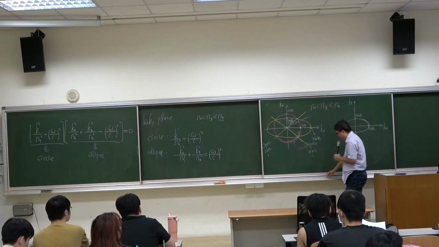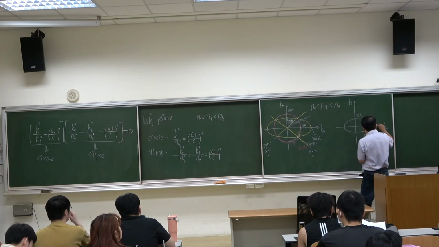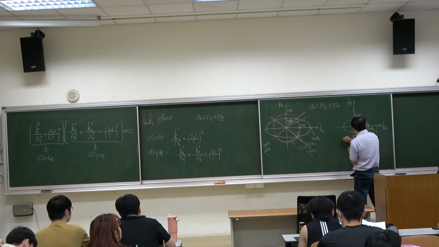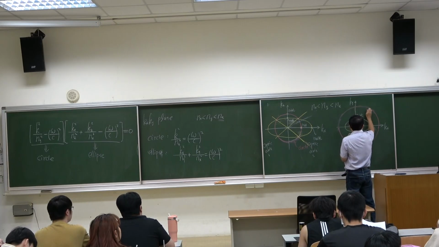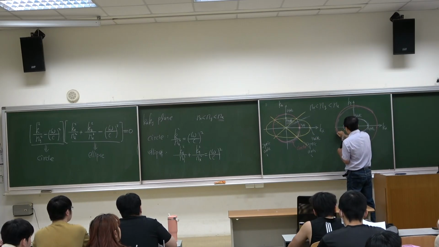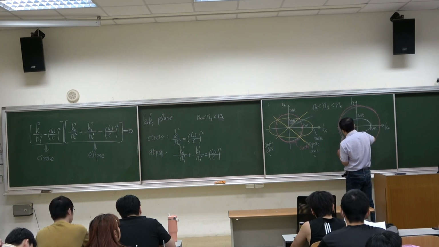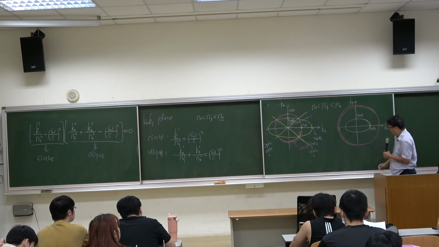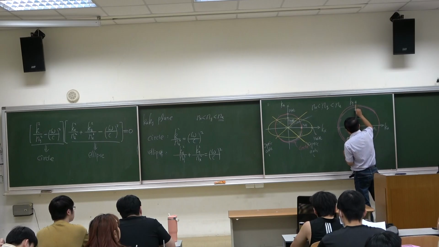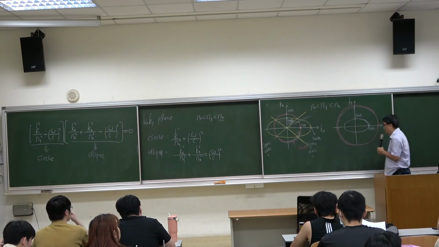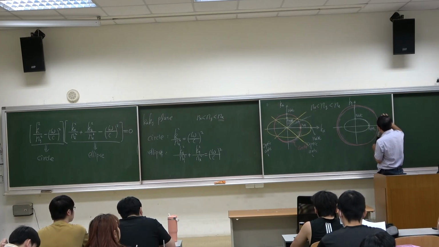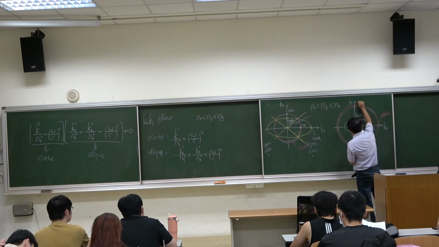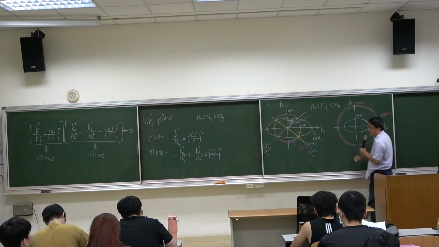And now you have a large circle. The circle has the radius nc omega over c. Okay?